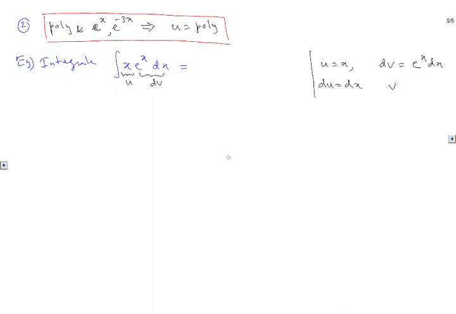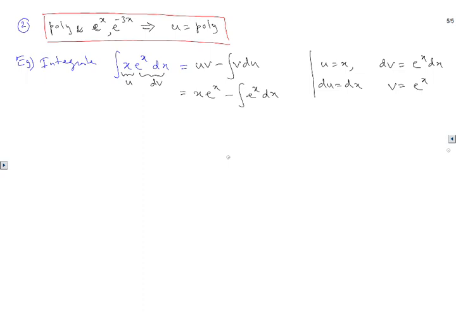If you take the integral, v equals e^x. So let's plug in. It is uv minus the integral of v du. So uv is x e^x, minus the integral of v, that means e^x, du. What is du? du equals dx.